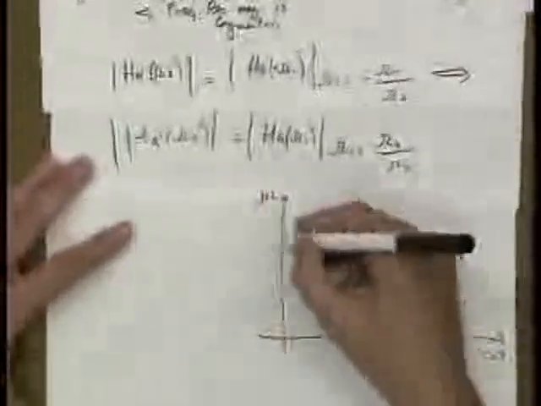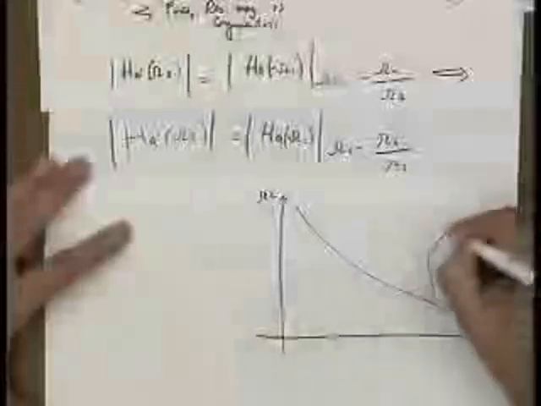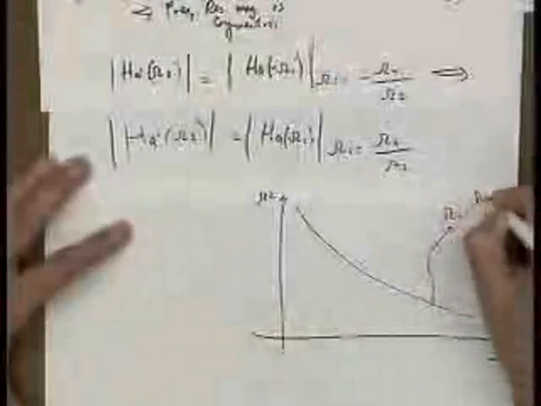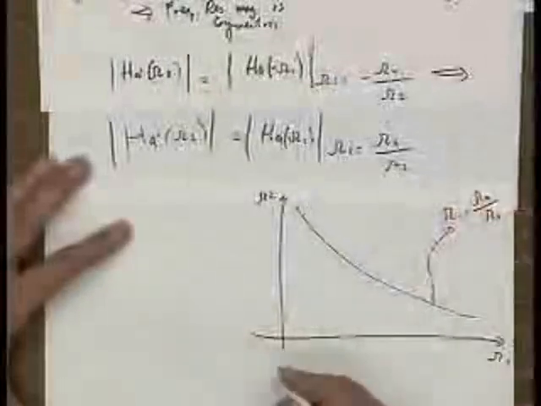So pictorially, what kind of a picture do we have here? Let's plot that. We have the omega 1, omega 2 transformation that looks something like this. This curve here is omega 2 equals omega sub u over omega sub 1.